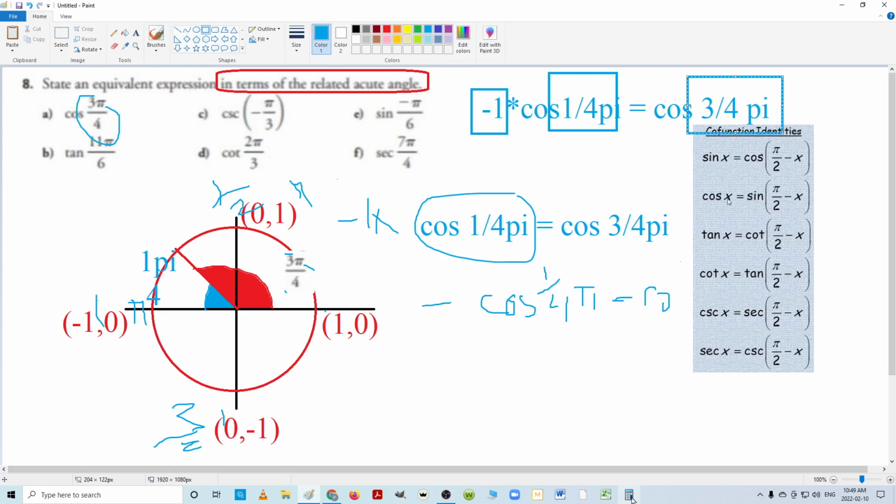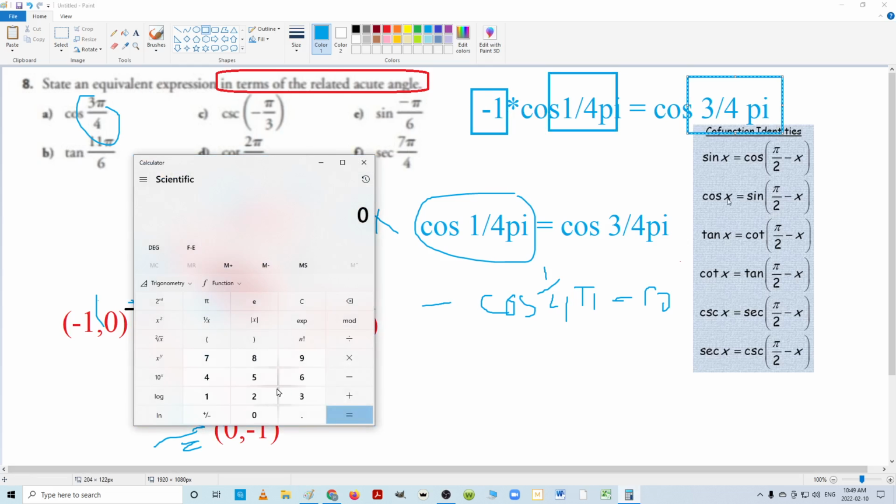And if you don't believe it, take 135 and press your cos. You're going to get a negative value, negative 0.7071. Now when I do 45 degrees, I'm going to get a positive answer, but the same value, 0.7071.